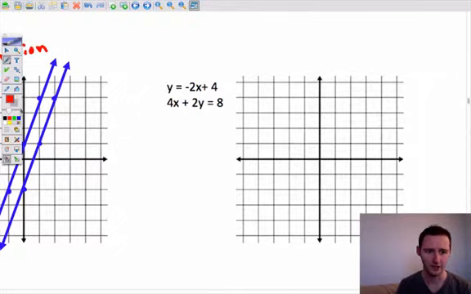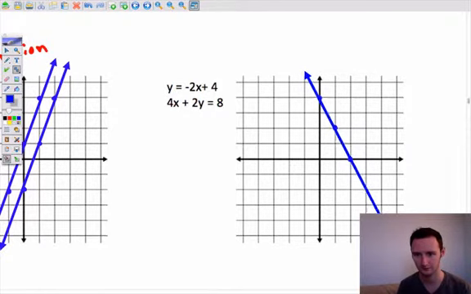All right. In this second one here, 2, 3, 4, slope of -2. This one, when x is 0, looks like y is going to be 4.